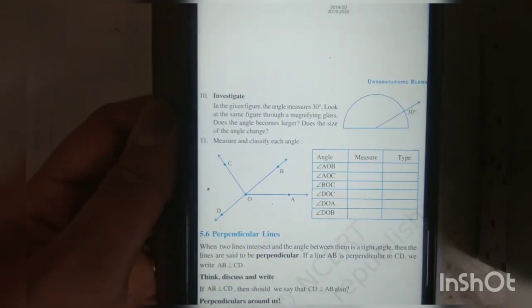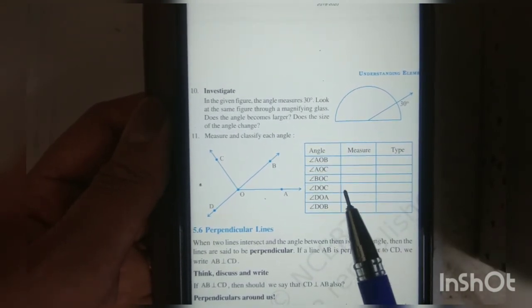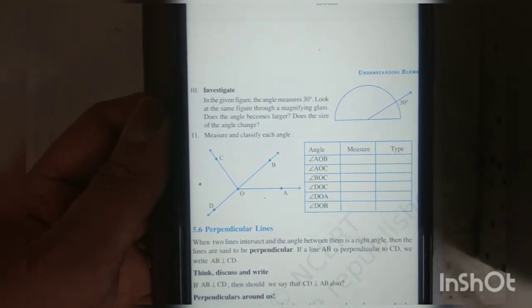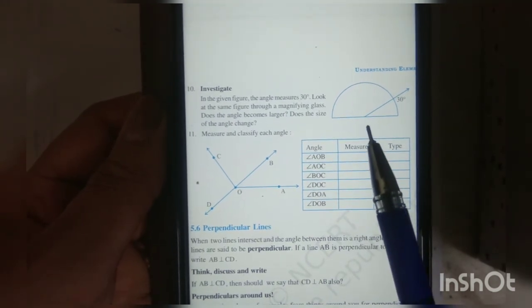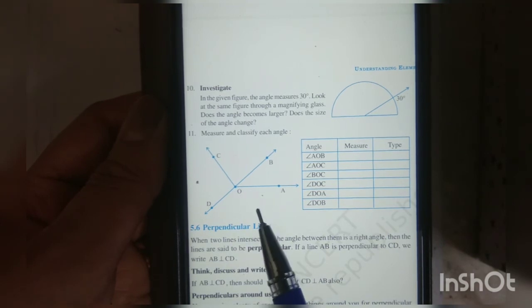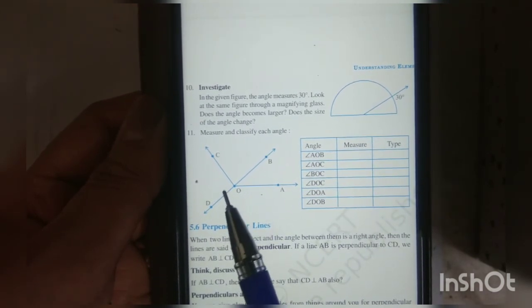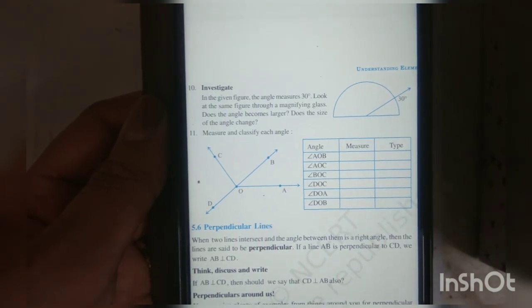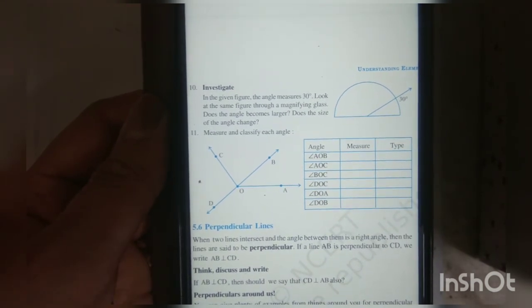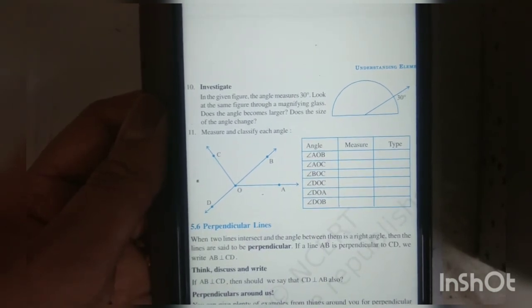So many angles are forming. You can see angle AOB, AOC, BOC, DOC, DOA and DOB. First you need to know how to place the protractor. Place the protractor in this figure and you can easily understand which angle's measurement is which, and obviously by knowing the measurements you can classify them, whether it is acute or obtuse, very easily.